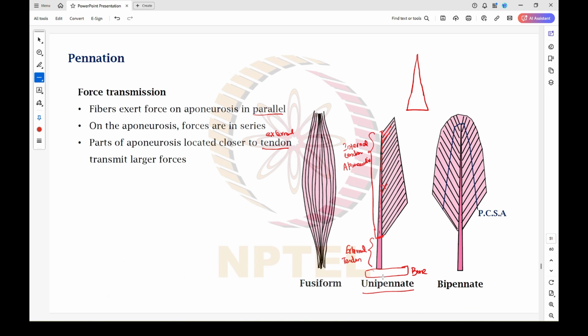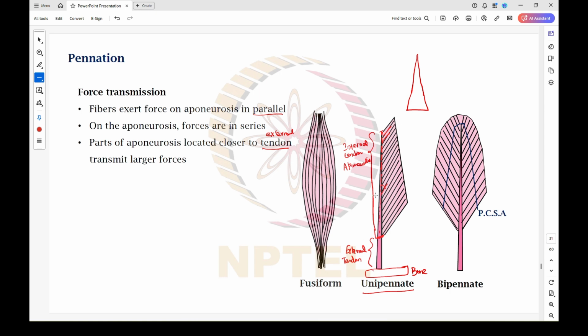So now coming to pennate muscles, which have something called a pennation angle, the angle that dictates how much force is finally transmitted to the external tendon.